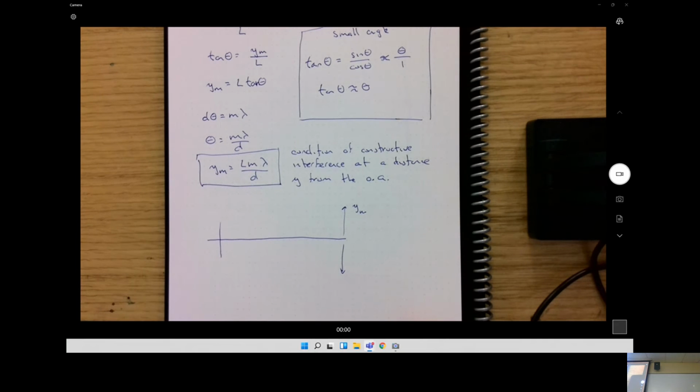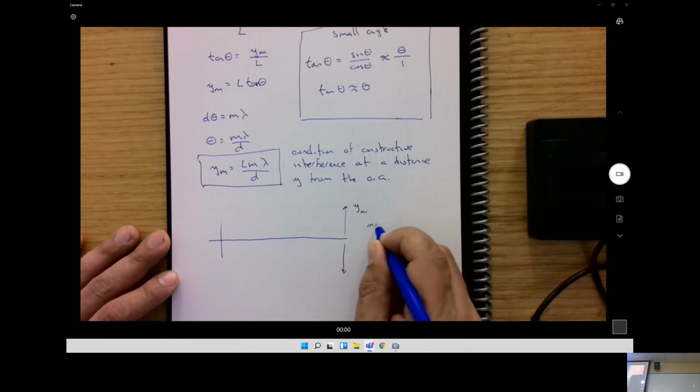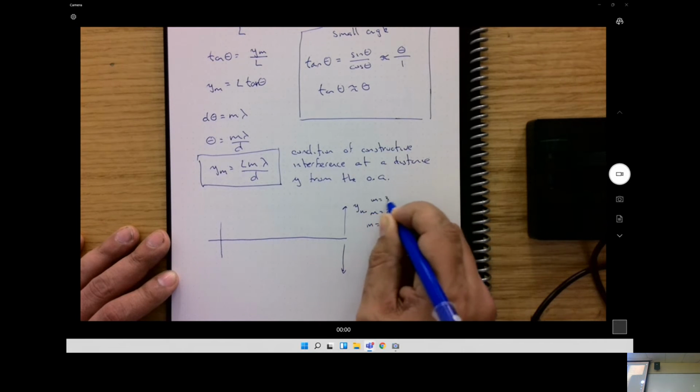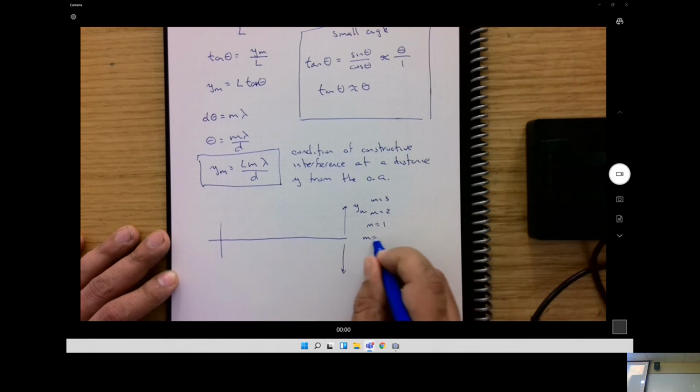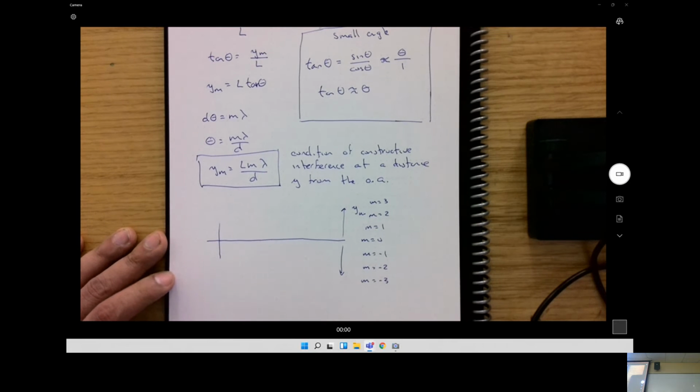Before, we've been talking about m's being integers. In the case of standing waves, it's only going to be positive. But when we are talking about interference, m can be positive and negative. So here we can have m equals 1, 2, 3, and we can have m equals 0, and then we can have -2, -3, and so on.